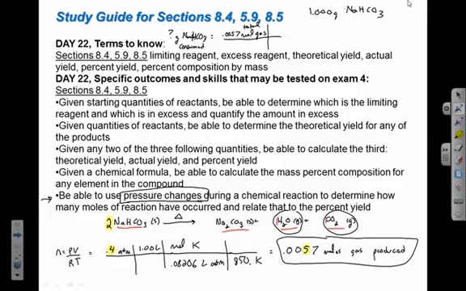I would use this 2-to-2 ratio, 2 moles total of gas for every 2 moles of NaHCO3. Then I would get the molar mass of NaHCO3 and convert it from moles to grams.